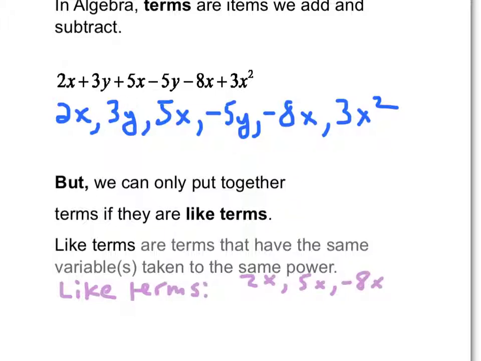So we'll consider those y terms to also be like terms with each other. Negative 5y would be the other like term with the 3y. And the one term that doesn't have a like term is this 3x squared term. So these are your like terms.